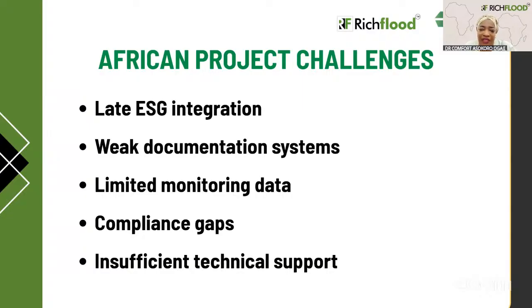And then the DFI says, okay, I will need to see your E&S, I will need to see your risk identification and your register and your legal, everything social, everything environmental. It now becomes, oh, Richflood, how do you tackle this for us? Please, we need this in 15 days. We need this in 2 weeks. We need this in 3 weeks. That becomes late, that becomes rushed, that becomes weak.